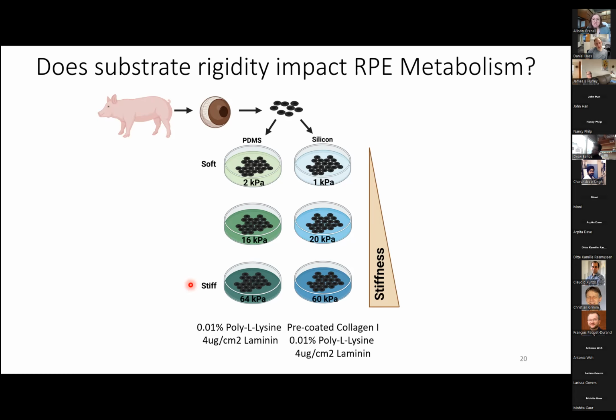In order to get these cells to stick to the substrate, I tried multiple different ECM coatings. I ended up using poly-L-lysine and laminin. Then I started out by growing these cells and observing them by light microscopy.